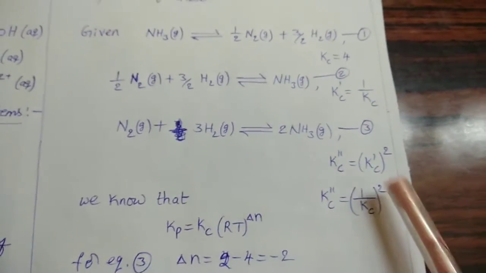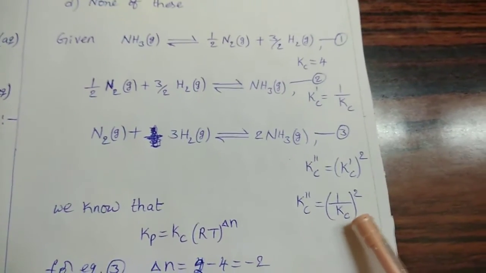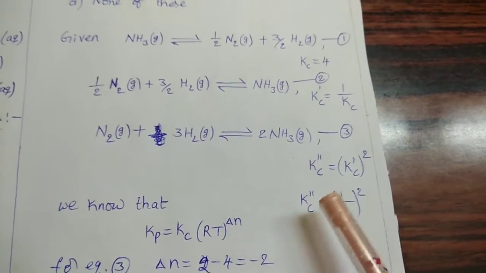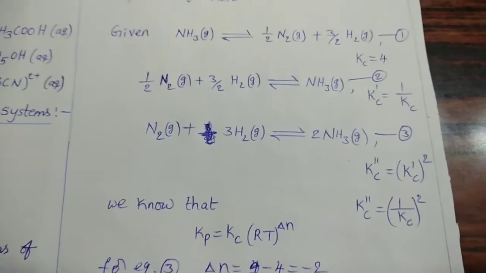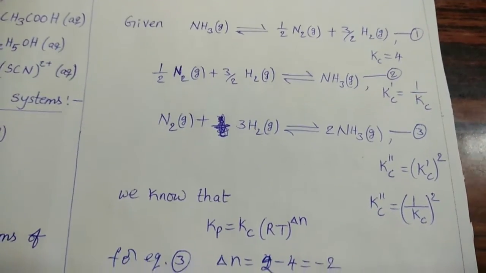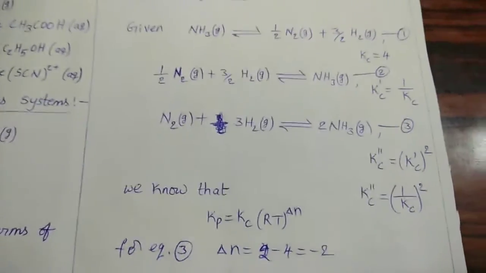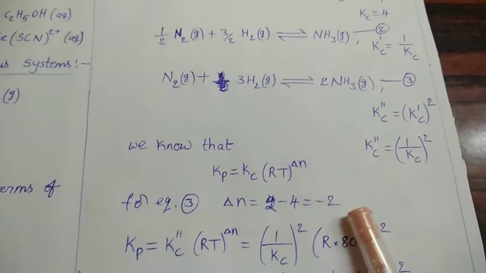So Kc prime means what? 1 by Kc. Here we substituted that. Okay, Kc double prime equals 1 by Kc whole square. Now we know the relation between Kp and Kc: Kp equals Kc into RT whole power delta n. For this equation 3, delta n value is minus 2.